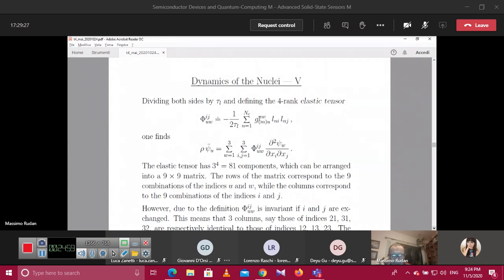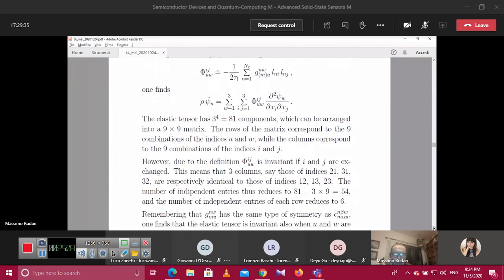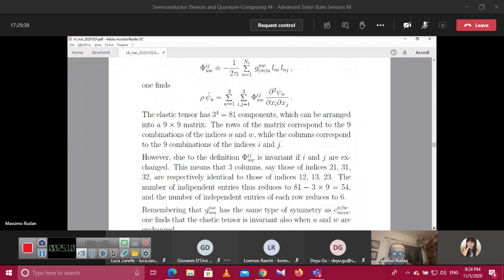So we start swapping the indices and eliminate all the terms of the elastic tensor that are not independent from the other, okay? So let's start with the two indices I and J. If the elements of the tensor do not change after swapping column I with column J, this means that column of indices 2, 1 is identical to column of indices 1, 2.